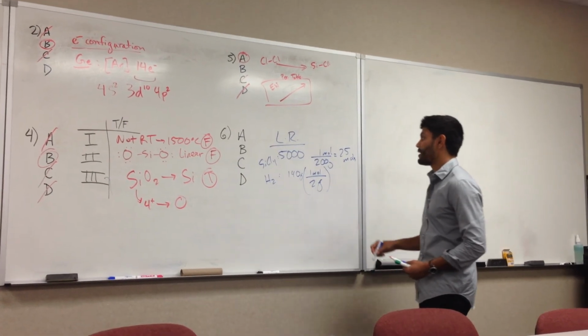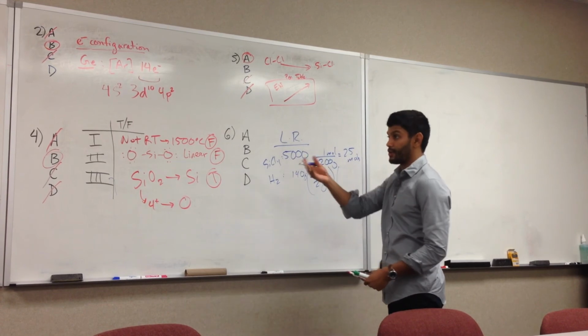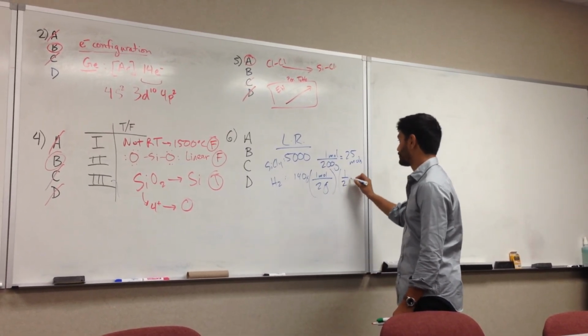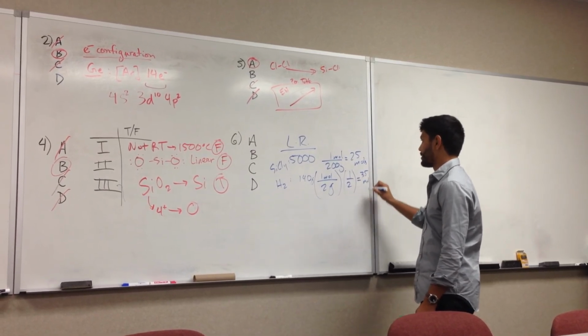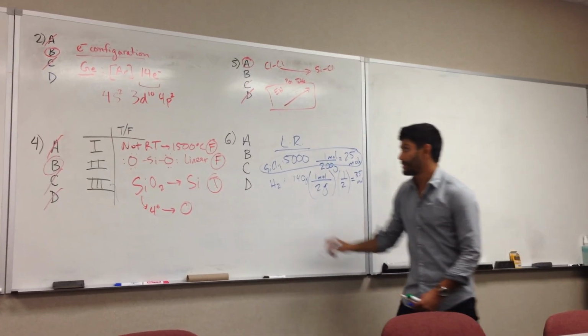So the grams cancel out. But we also see that it's 2 moles in equation 2. So we have to divide this by 2. So we get 35 moles. So we see that SiCl4 is our limiting reagent.